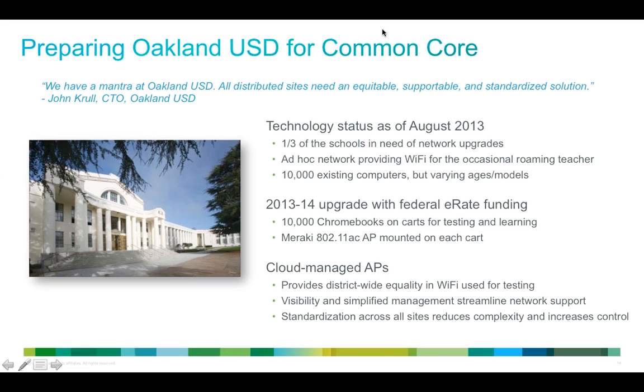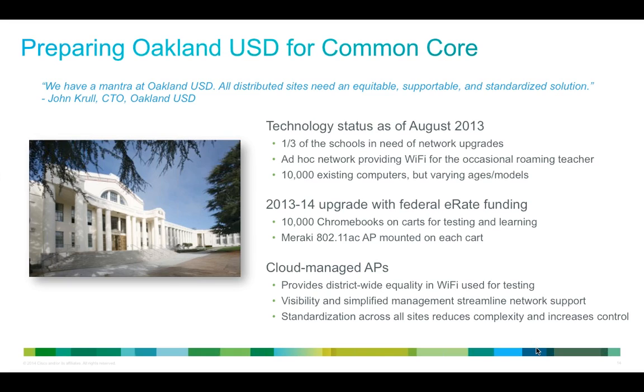Now, Oakland USD was facing some challenges at the end of last year, and you'll see there the quote from John Kroll, their CTO: they needed to have an equitable, supportable, and standardized solution across all their distributed sites. As of August of last year, about a third of the schools needed some kind of network upgrade because they had at the time an ad hoc network for Wi-Fi, so they would allow the occasional roaming teacher to connect.